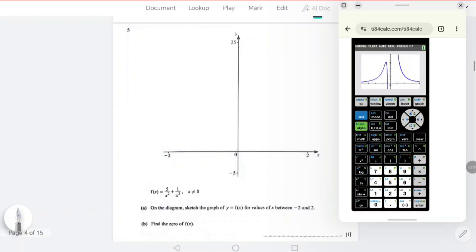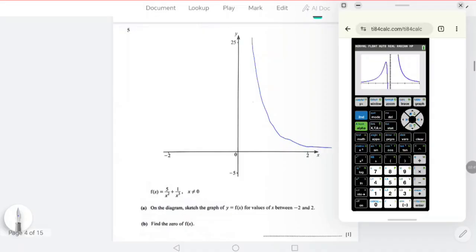So let's sketch. Take care when you sketch this one that the graph doesn't reach x equals 0 or y equals 0.